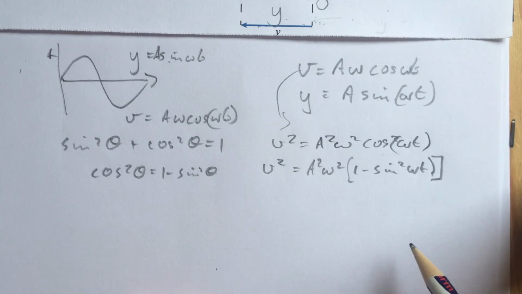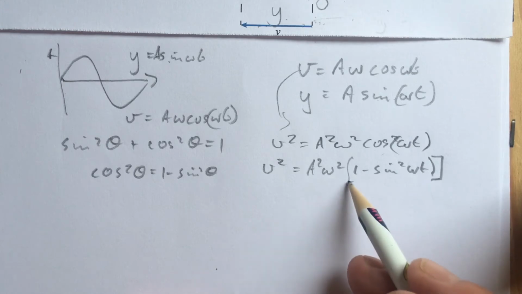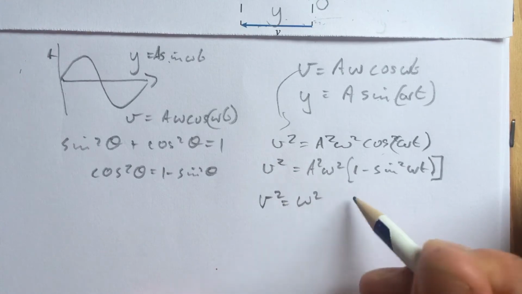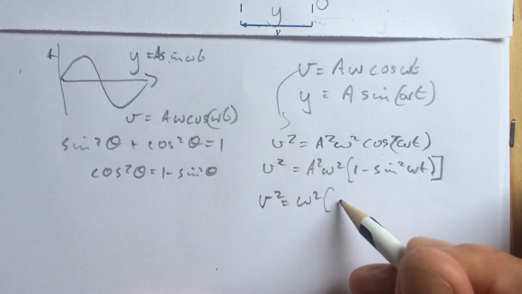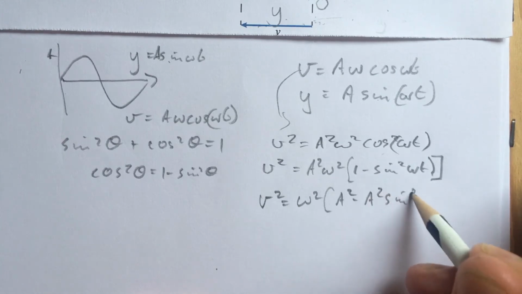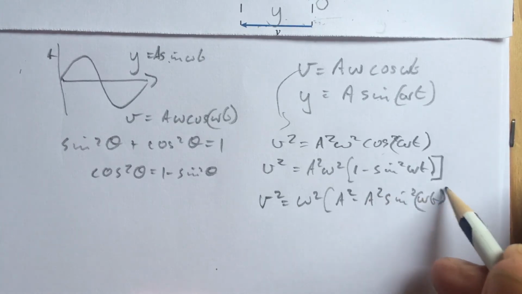And if we put the a squared inside the brackets, we've got omega squared times a squared minus a squared sine squared omega t.